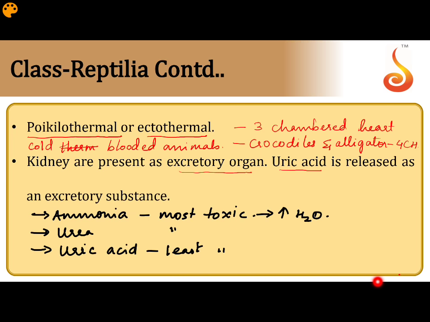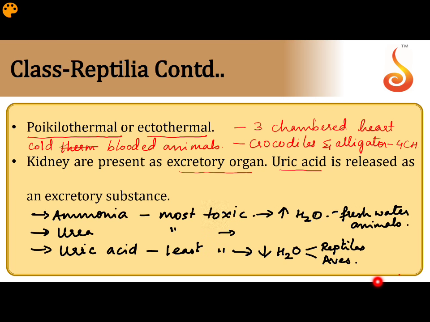So this is seen in freshwater animals like Osteichthyes. Whereas uric acid requires the least amount of water to be thrown out of the body, and hence it is seen in organisms like reptiles and aves, which require less water for survival.